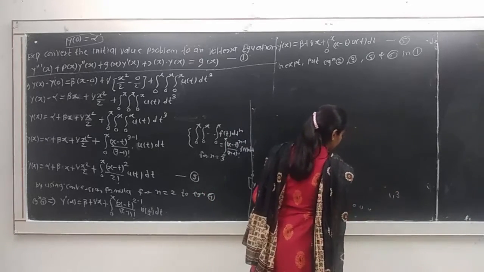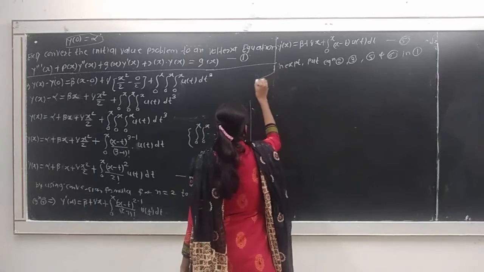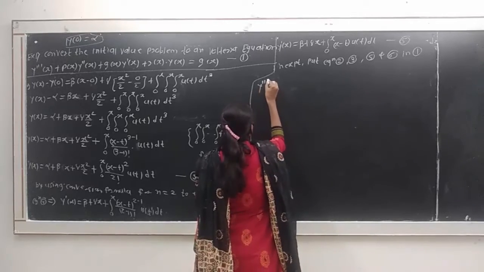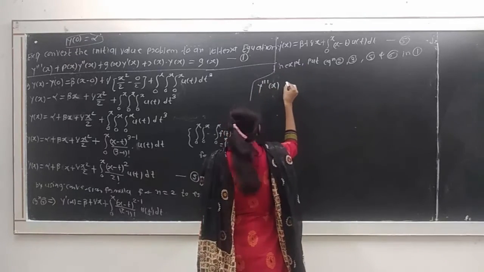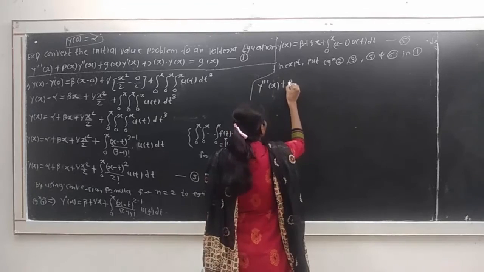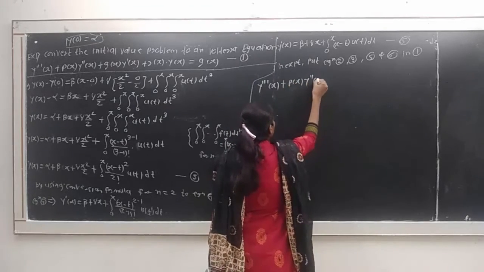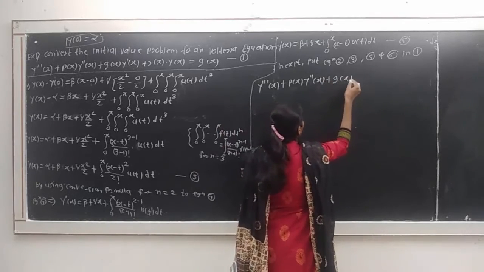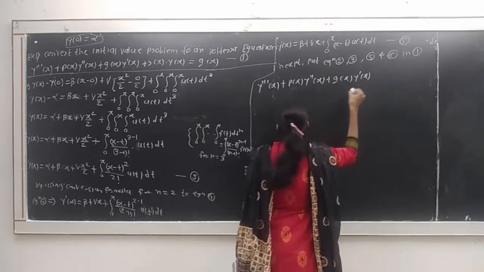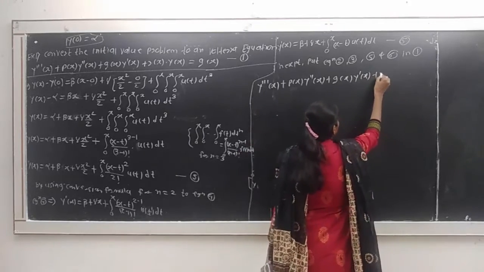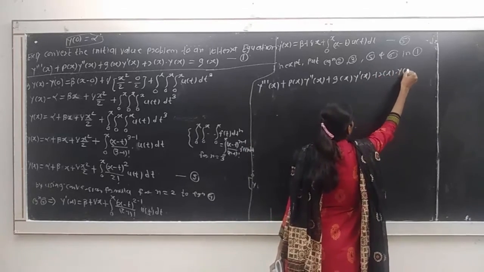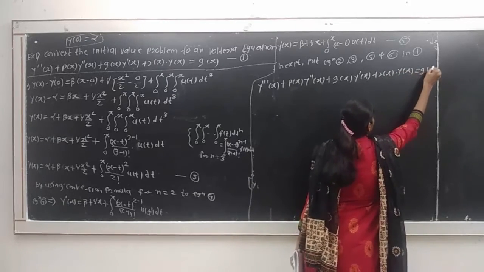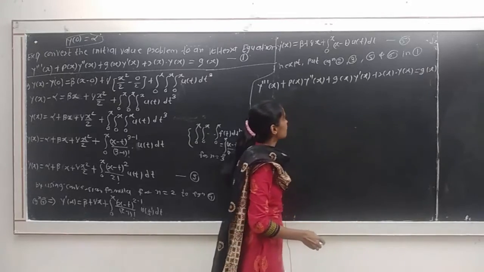We rewrite the given equation number 1, that is y triple dash of x plus p of x into y double dash of x plus q of x into y dash of x plus r of x into y of x is equal to g of x.